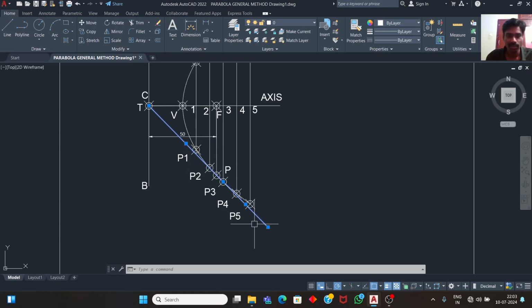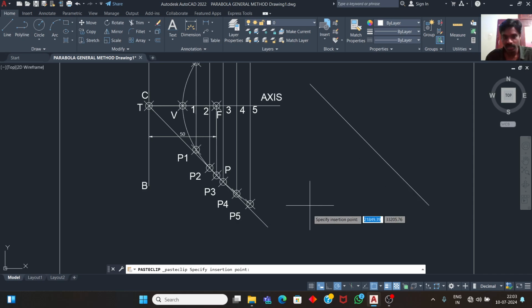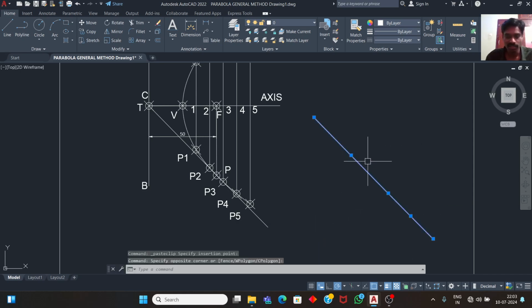This line we can call tangent. Copy this line and paste it somewhere and rotate 90 degrees to this line. So we get the normal.